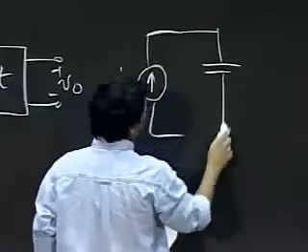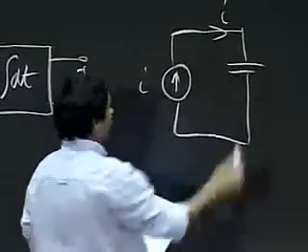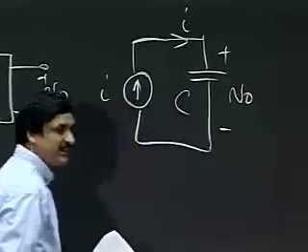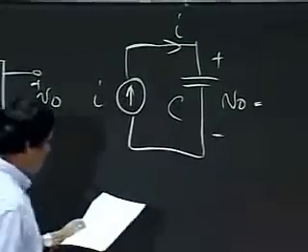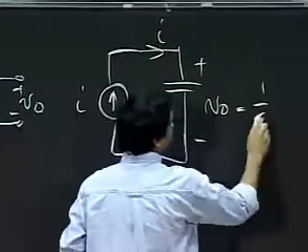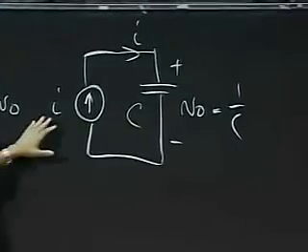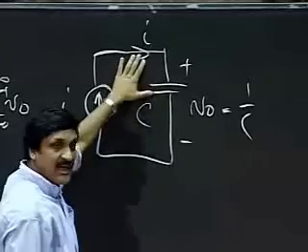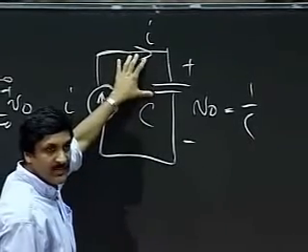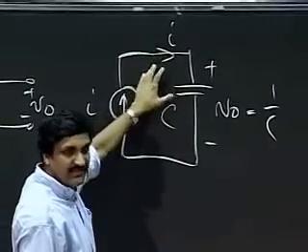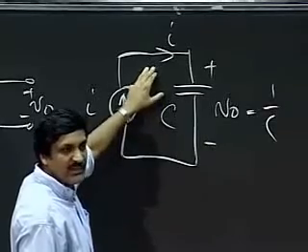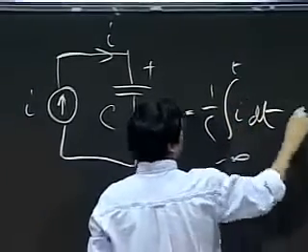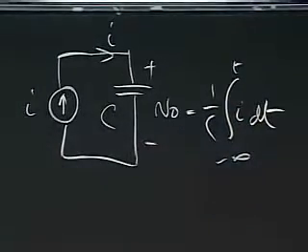Notice that if I stick a capacitor in here, this current is I, capacitance C, then my voltage V naught is given by what? The voltage is simply the integral of the current flowing through it. Or vice versa, I is C dV dt. So if I is C dV dt, then V is simply 1 by C integral of I dt.